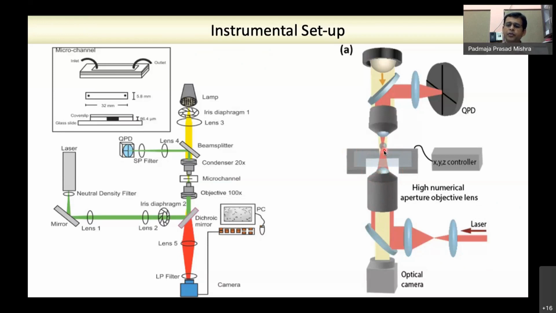So the sample is trapped at this place. Then the light goes to the QPD so that the position detection can happen, and it comes to a camera where you can visualize the position of the bead for carrying out the experiment easily.